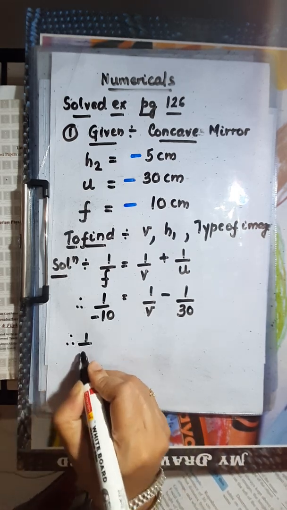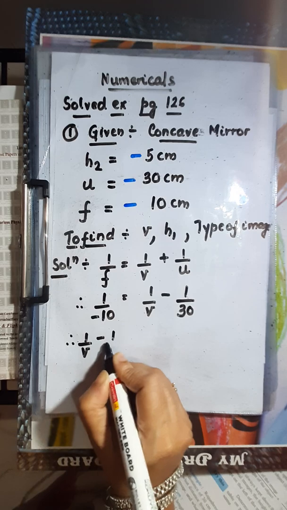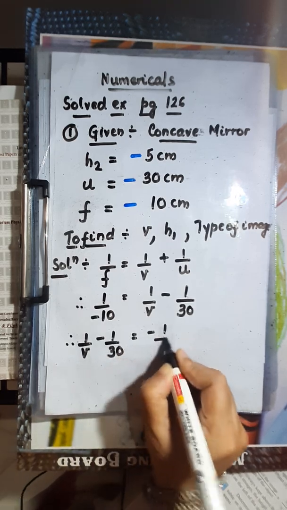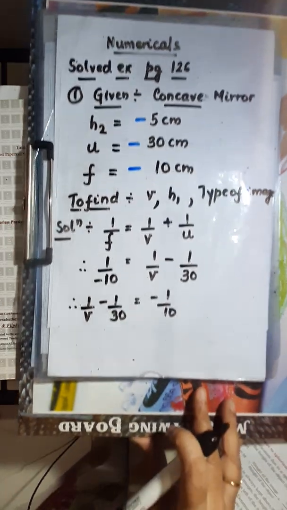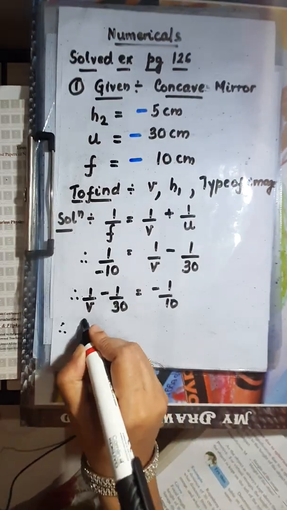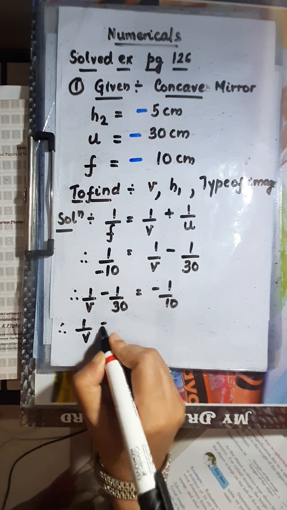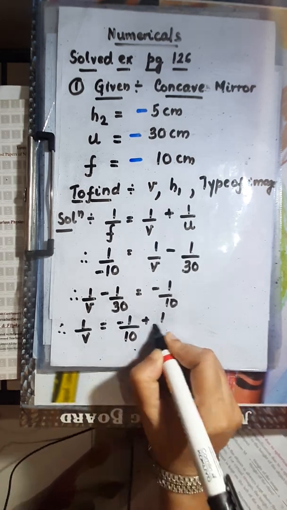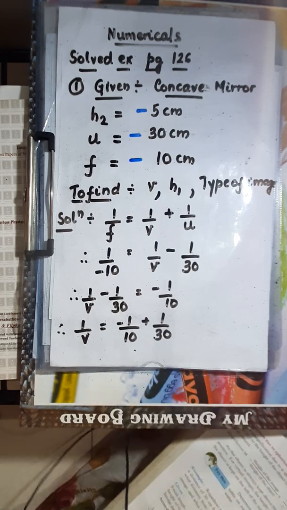Therefore, 1 upon v minus 1 upon 30 is equal to minus 1 upon 10. So 1 upon v is equal to minus 1 upon 10 plus 1 upon 30.